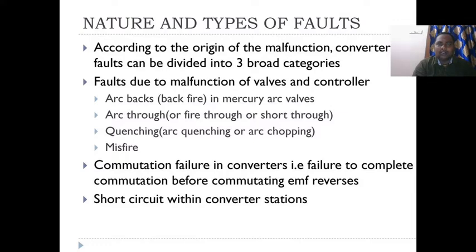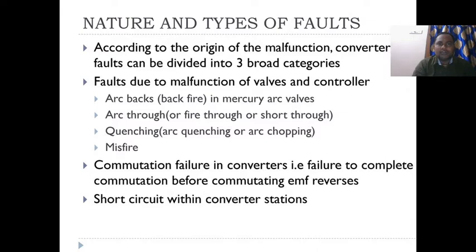It means if alpha is 30 degrees, it fires at 32 degrees or 33 degrees or 27 or 25 degrees. This causes a change in the output wave shape. This is a main drawback in converter systems, that is, the HVDC system.